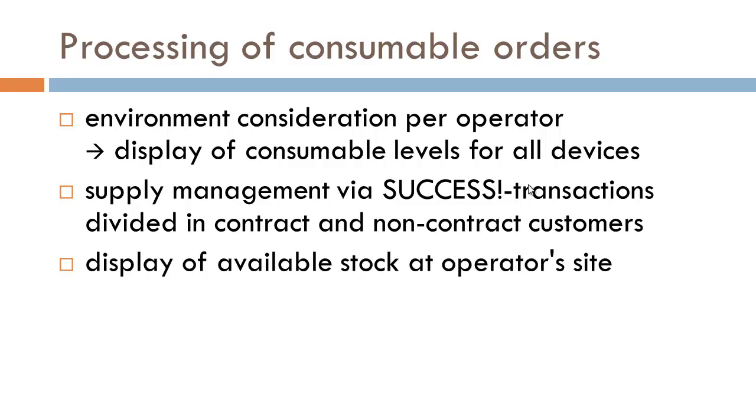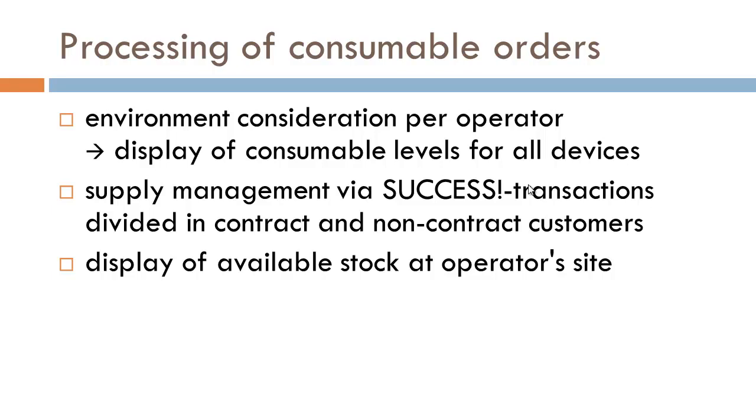We are displaying the available stock at the operator side. It could be that a customer wanted to get a consumable, but at the end you will see that he received some consumables last week or the week before, and the consumable is no longer in the customer's stock. So what is the customer doing with it?